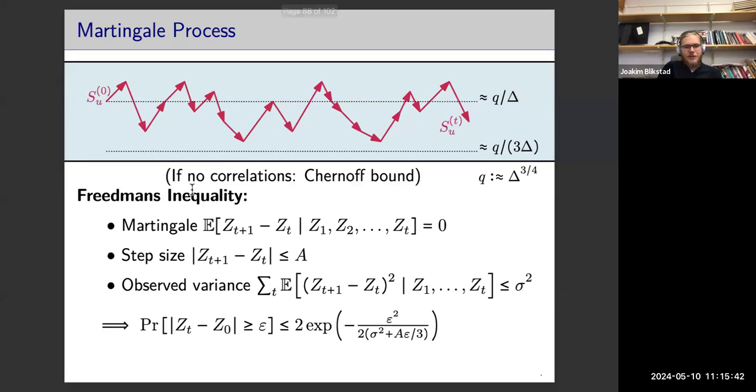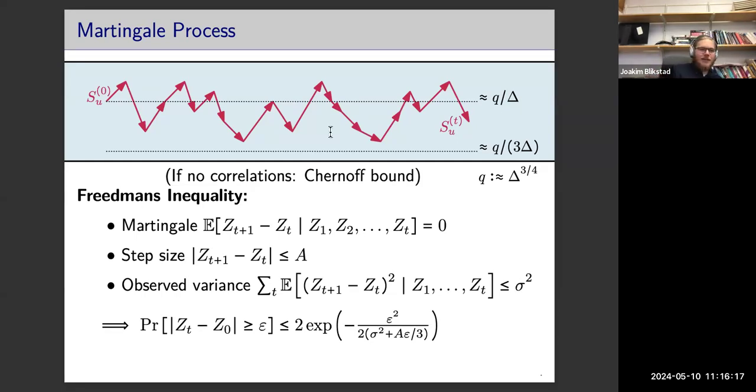Freedman's inequality says that the probability that the total amount you walk, either up or down, deviated by more than epsilon is something like this, depending on the observed variance and the step size. It looks similar to the Chernoff bound, just a standard concentration inequality, but a quite powerful one. I will not bore you with the details of bounding the step size and the variance here. It becomes a bit technical in the end, but if you set it up correctly, it just works out. It's just some calculations.